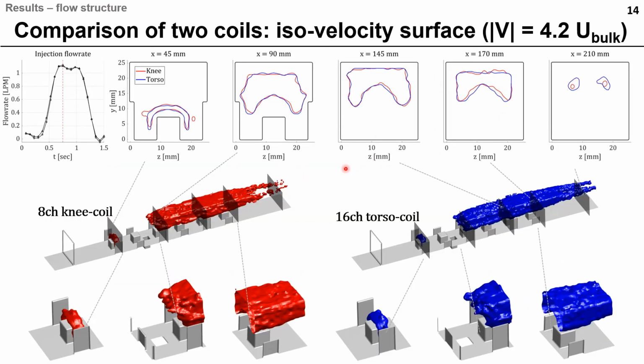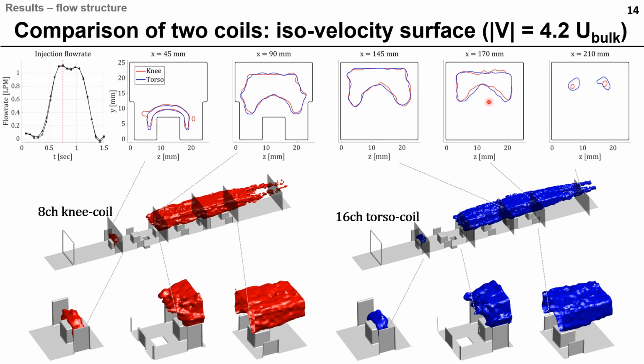And next we made the iso-velocity surface to analyze the effect on the velocity field in the 3D region. The surface was constructed by connecting the points where the velocity magnitude equals 4.2 times the bulk velocity. We set 5 slices for the comparison, and the second and third slices show similar patterns.